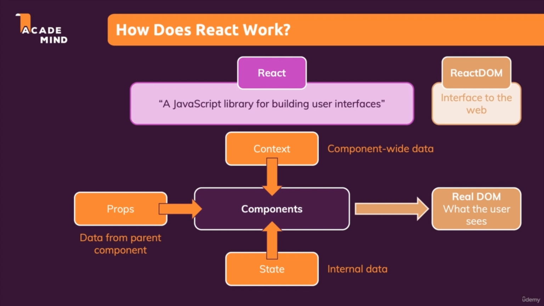And whenever props, state, or context changes, components that use these concepts are updated by React, and React checks whether this component now wants to draw something new onto the screen. And if that should be the case, React will let React DOM know about that so that React DOM is able to bring that new screen, that new component, that new output to the screen.